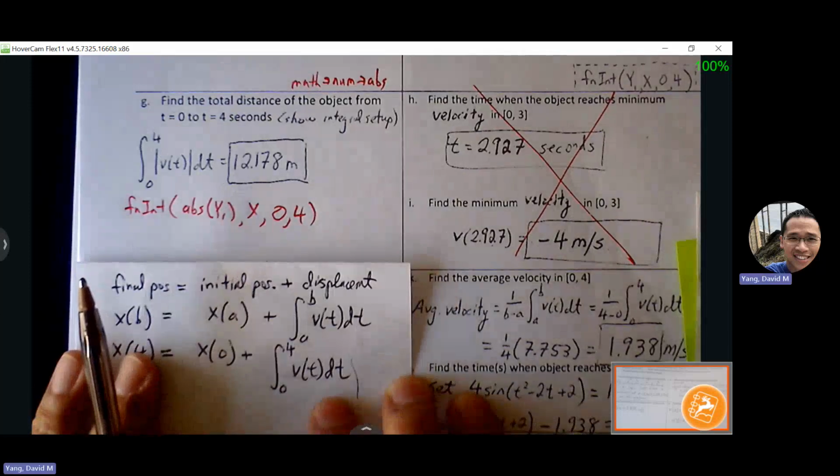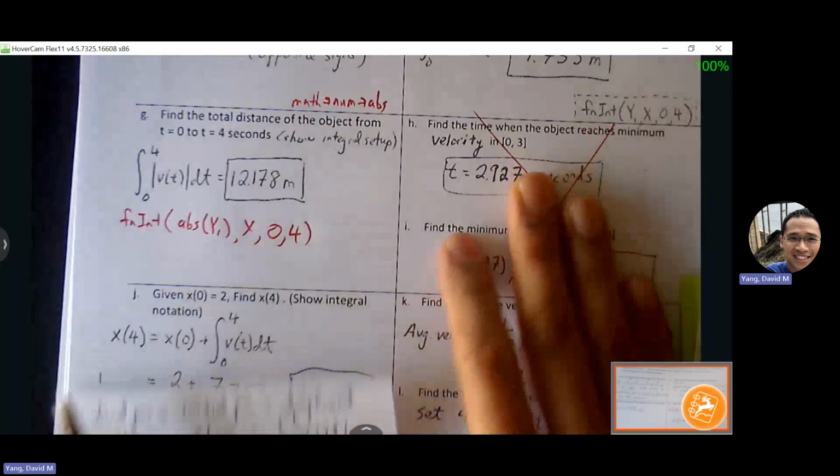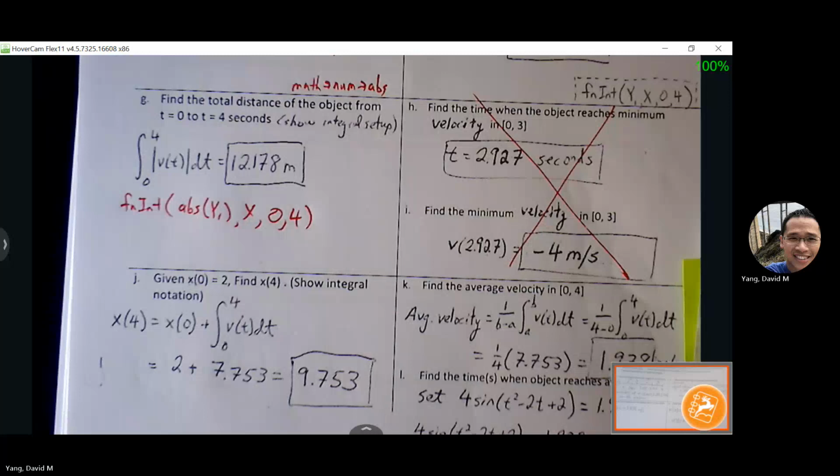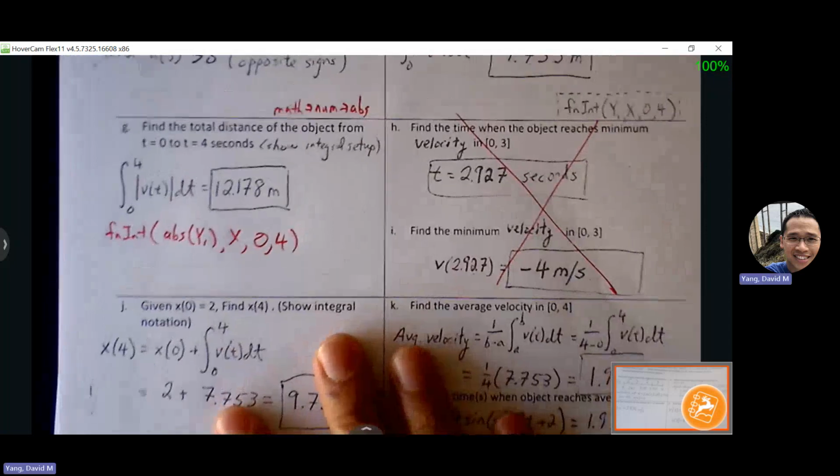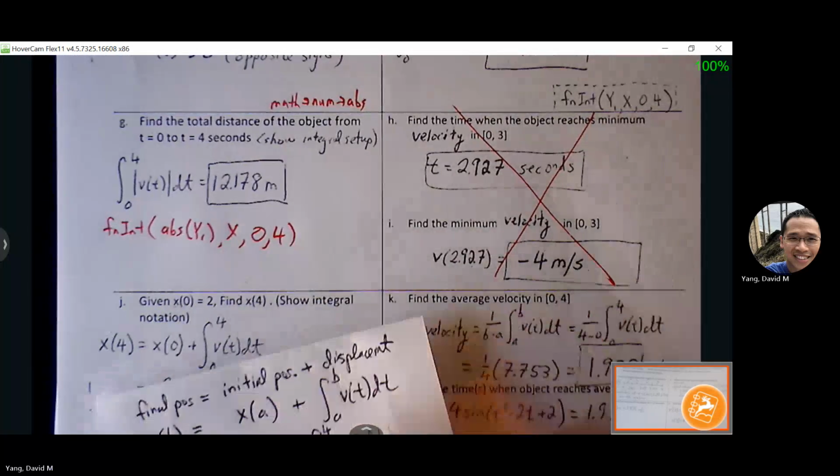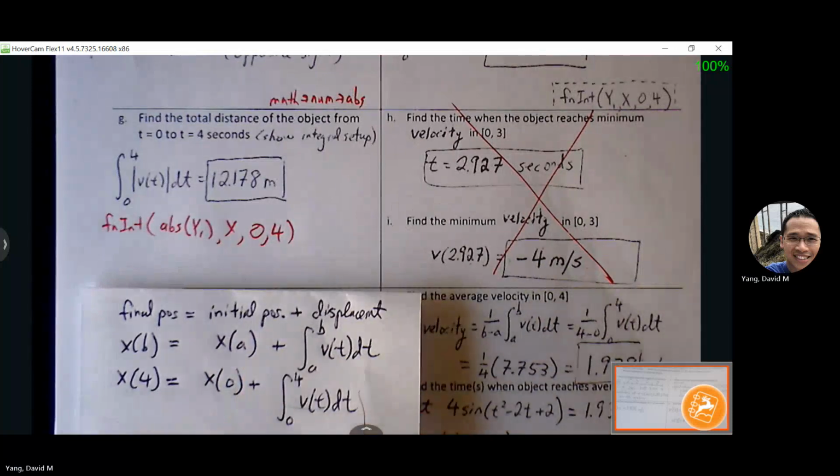We know our displacement is, you can type it in again, but we already have it from part F. Meters. Yes.